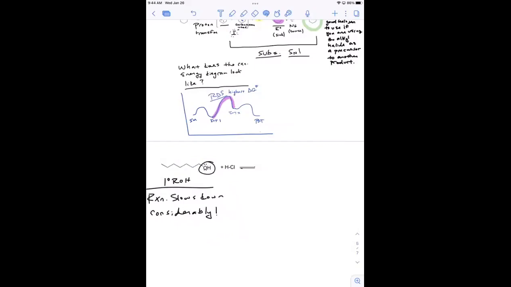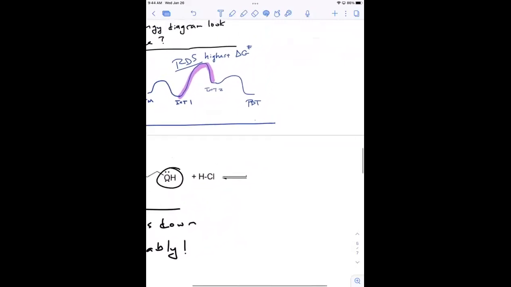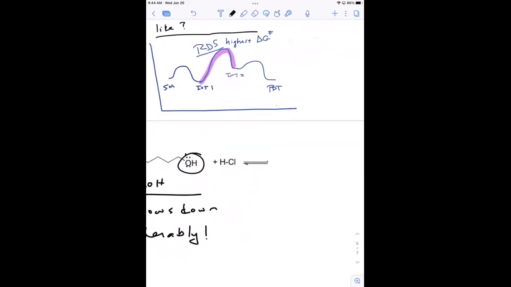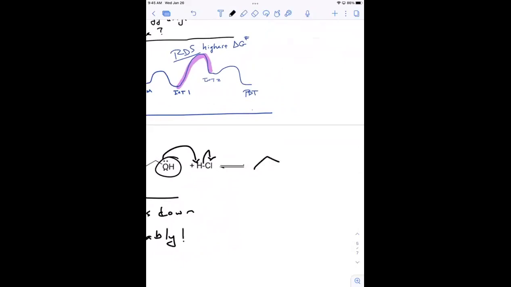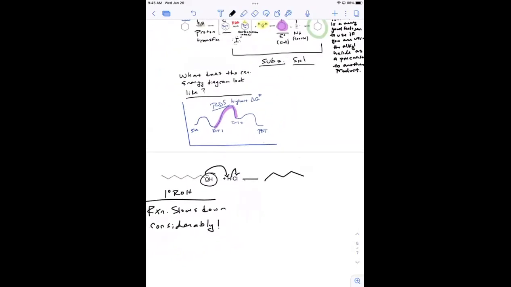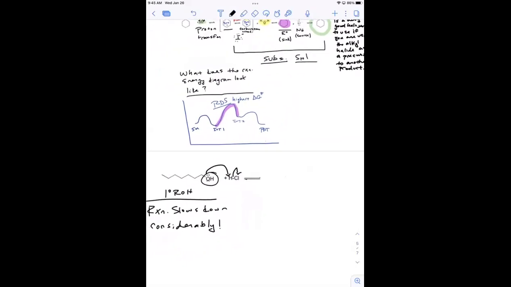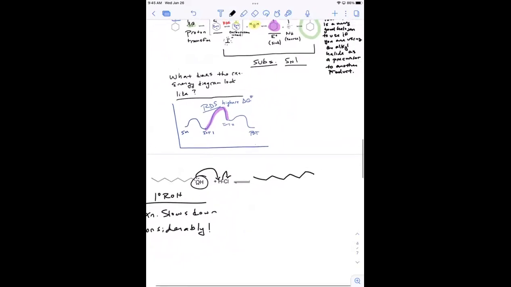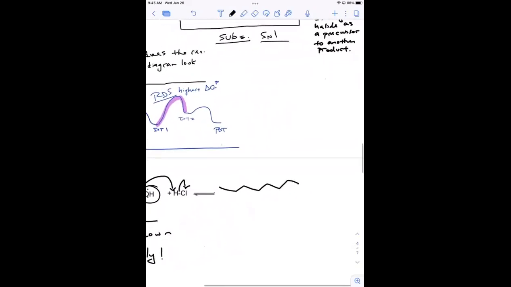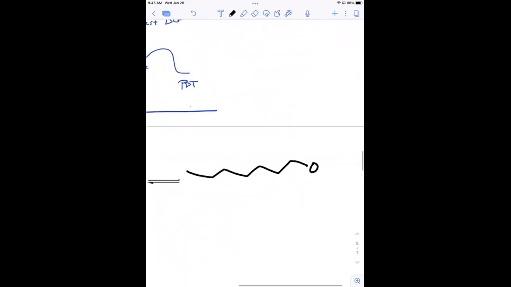So the first thing that happens is proton transfer. Is that right? Which is going to give us this intermediate. That's the right amount of carbons. I don't know. That's all right. We're going to roll with it.